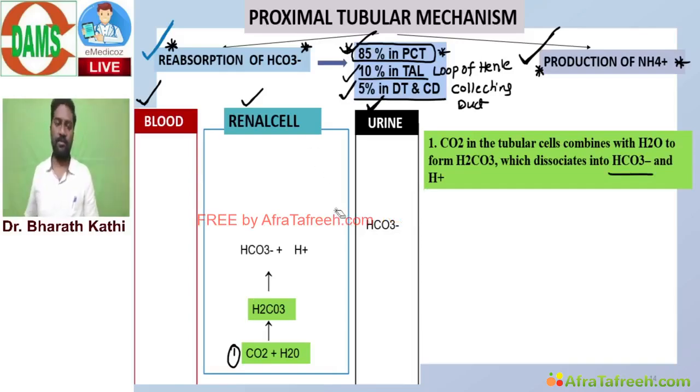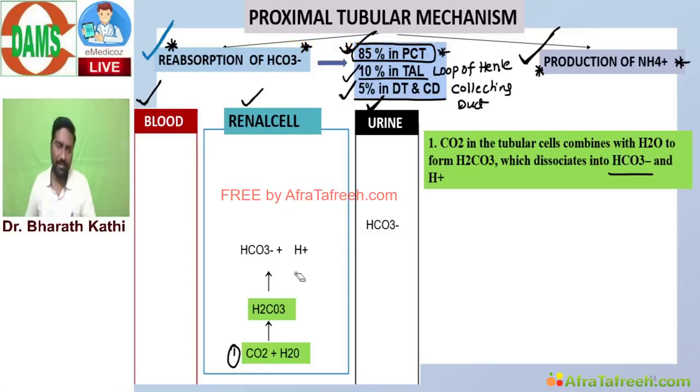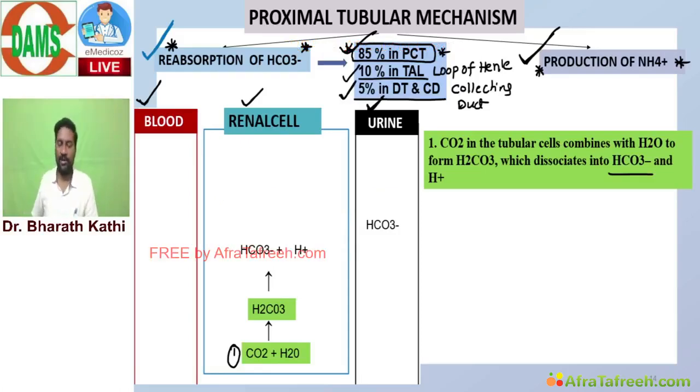This H2CO3 is going to dissociate into HCO3 minus and H plus. My kidney always tries to take bicarbonate and throw H plus. So this is its tendency. Anywhere it will try to reabsorb bicarbonate and throw out H plus. Let us see how it is doing further.